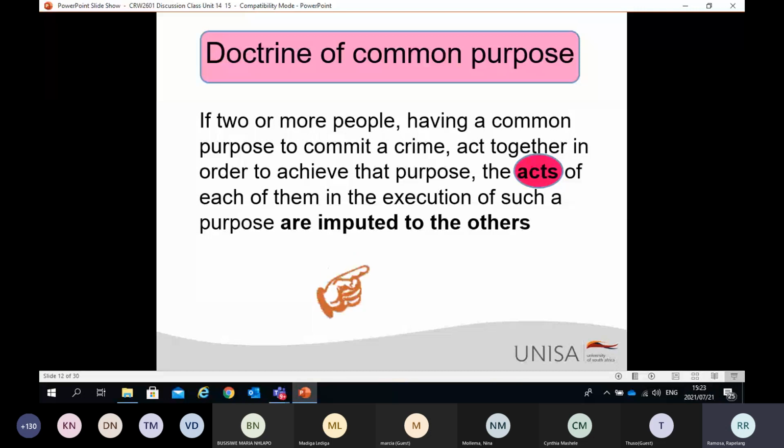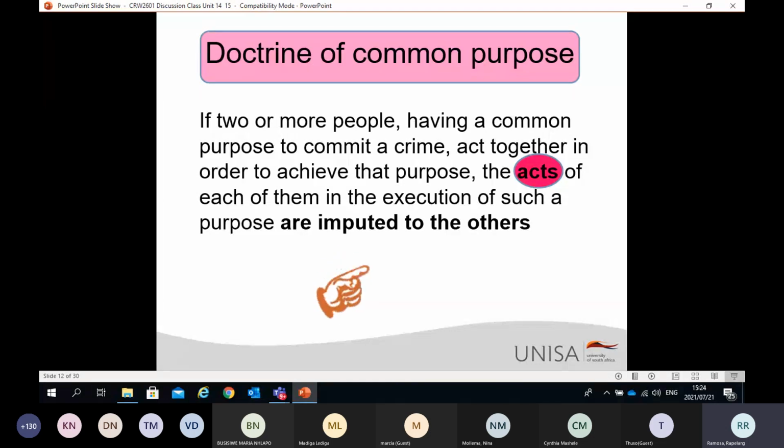Now, I want you to notice something about this definition. First and foremost, liability depends on whether you can establish that there is common purpose amongst the group. So in other words, the group concerned must act in common purpose, or the perpetrator that you are assessing must identify themselves with the common purpose of the group concerned.